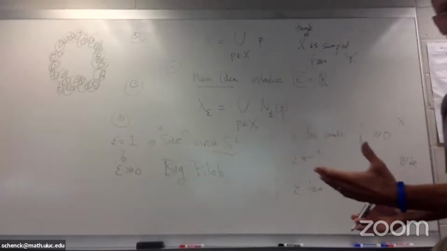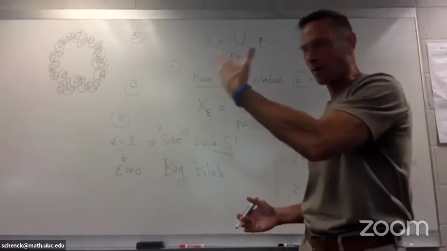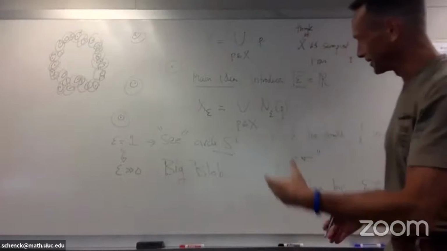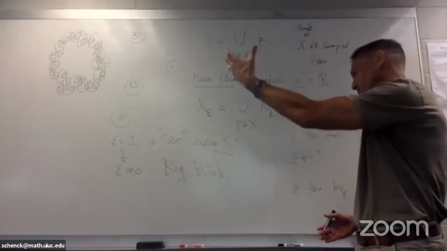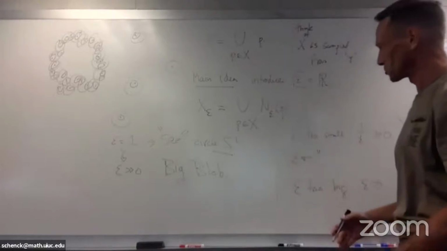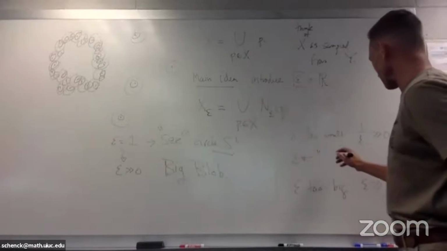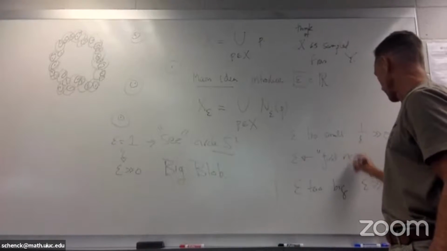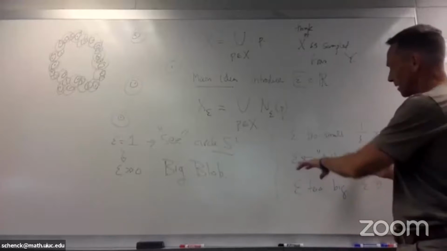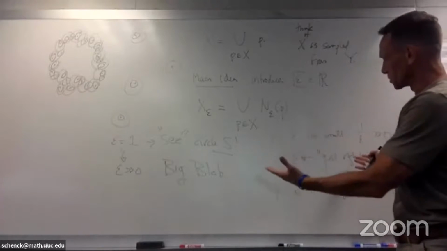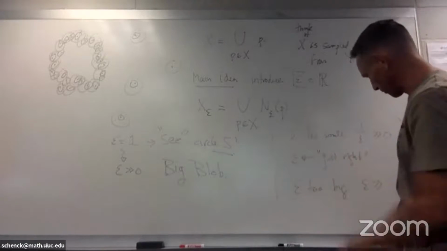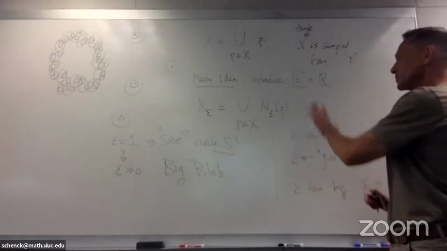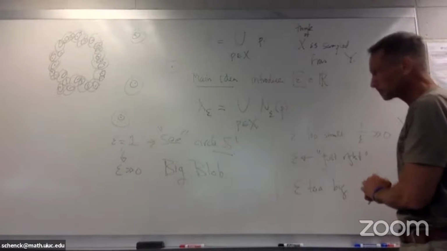There's the story of Goldilocks and the three bears, where papa bear is too big, mama bear is too small, and baby bear is just right. This is the Goldilocks. For that parameter where it's just right, you actually see the topology, and eventually you fall off, you become too big. So this is the basic setup.